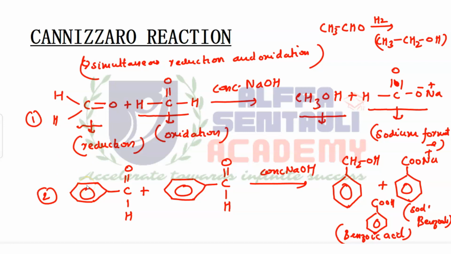In cross Cannizzaro reaction, there are two possibilities, since you have two different molecules. What we have studied is that one molecule will undergo oxidation and the other will undergo reduction. How will you decide which of the two undergoes oxidation or reduction?